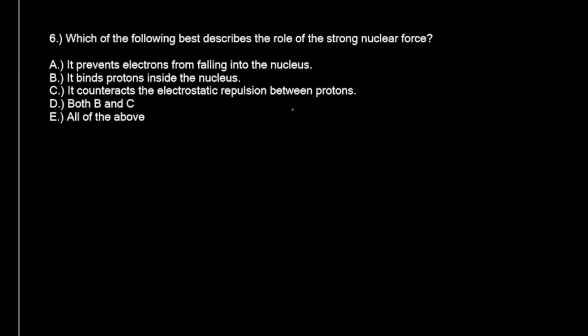This answer choice is also correct because without the strong nuclear force, protons would repel one another and they would fly out of the nucleus. So both options B and C are correct, which makes answer choice D the correct answer.